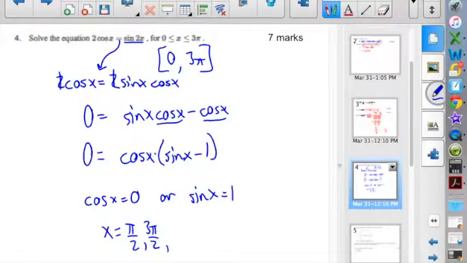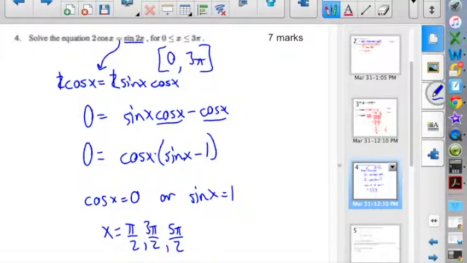But you're on the right track. 5 pi over 2, okay? Think about coterminal angles. If we add 2 pi to pi over 2, we're at 5 pi over 2, that's still less than 3 pi. Now it's good to check, if we add 2 pi to 3 pi over 2, now we're up to 7 pi over 2, but now we've gone too far, so we don't want that one.